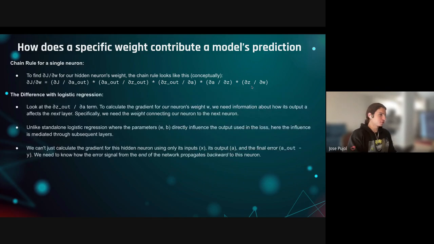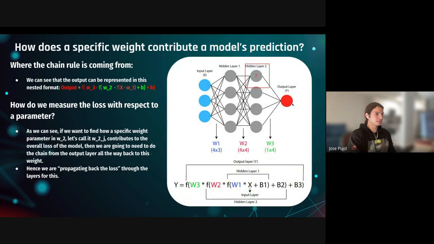I'll show you visually up here what that looks like. What we're saying is, you need to find how the loss function here changed with respect to the output of this neuron. But the output of this neuron, the activation output, depended on its pre-activation, the Z out, right? But that Z out was dependent on the activation that it received from this neuron in this hidden layer.